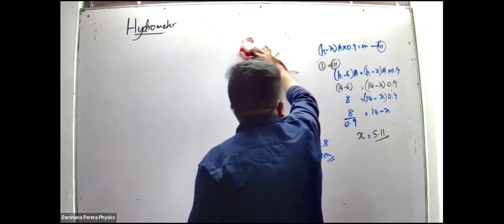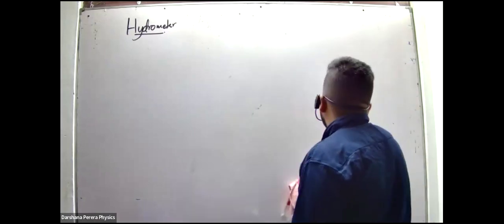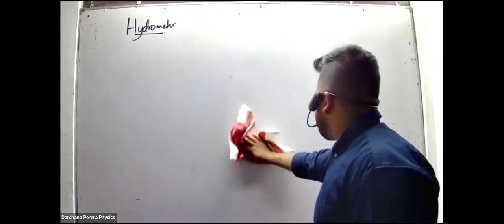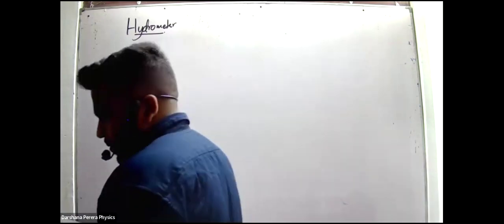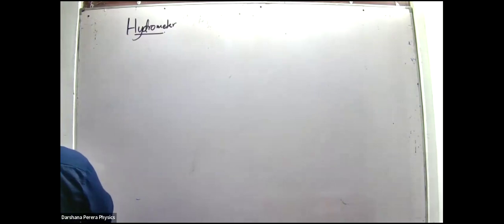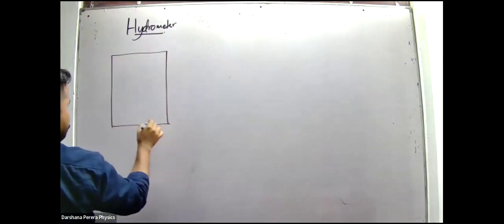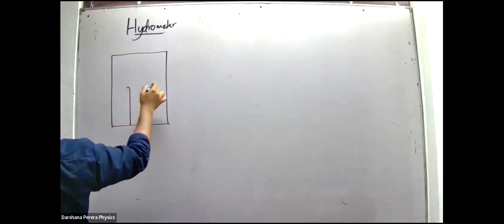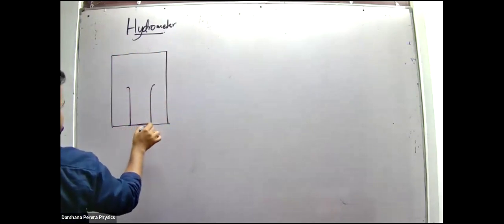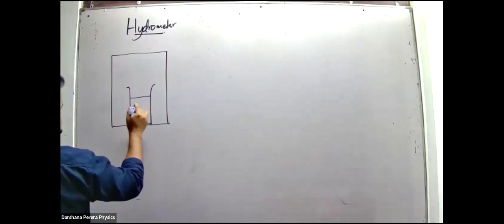Motion of liquid container. So if we consider this is the last part, the liquid container having a water container and the object is floating. Object is floating in that.